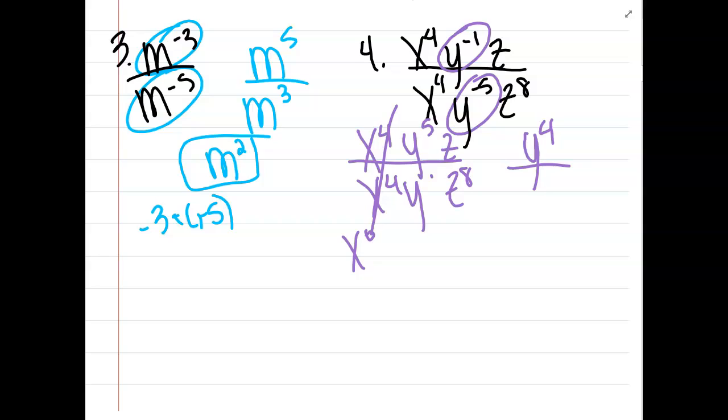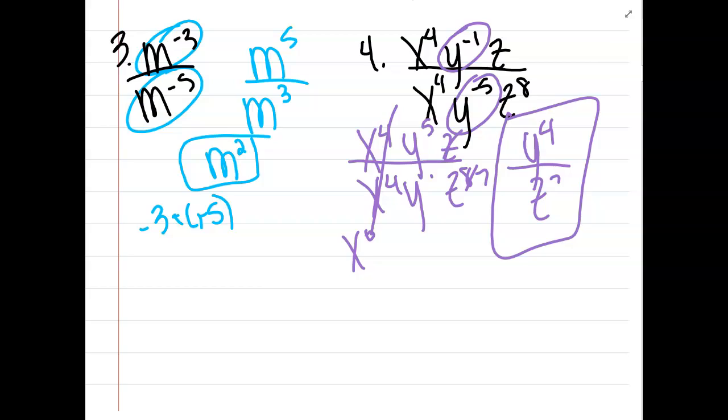So this z is gone. How many of these are left? There's 7 of them left, but you see where they're at? See how they're down in the denominator? Because the 1 in the numerator canceled out. The 8 that were in the denominator, 1 of them canceled out, but they're still down there in the denominator. So your answer is y to the 4th over z to the 7th.